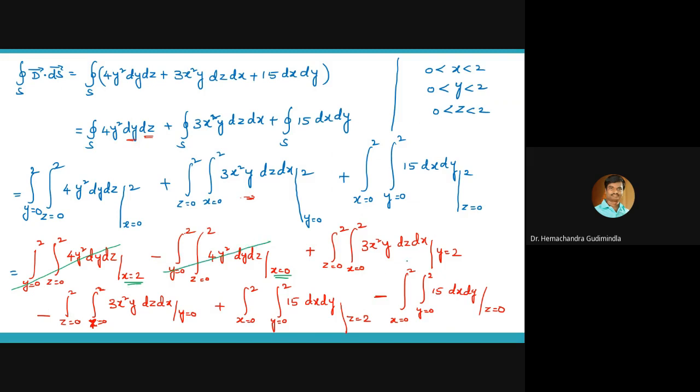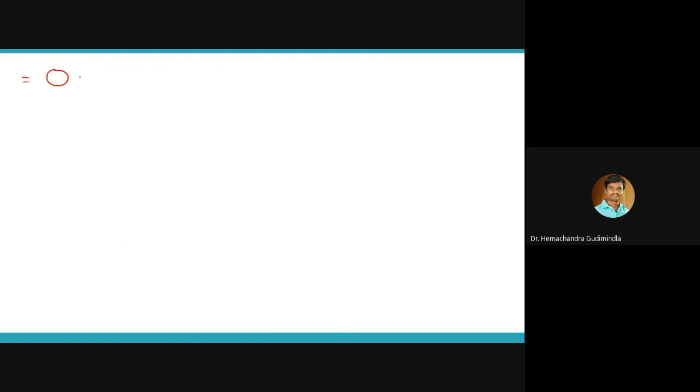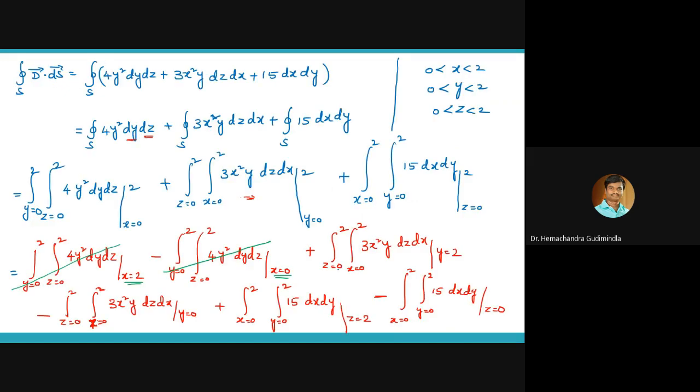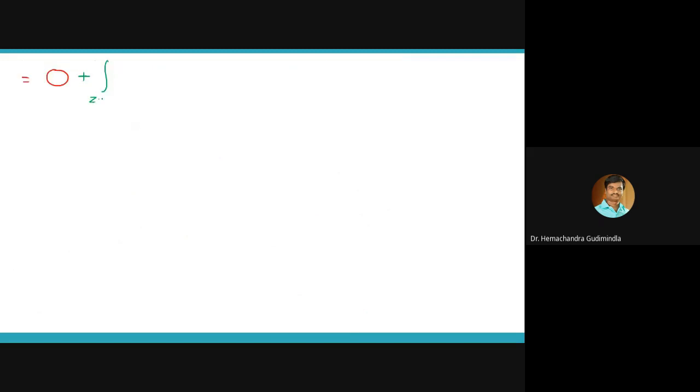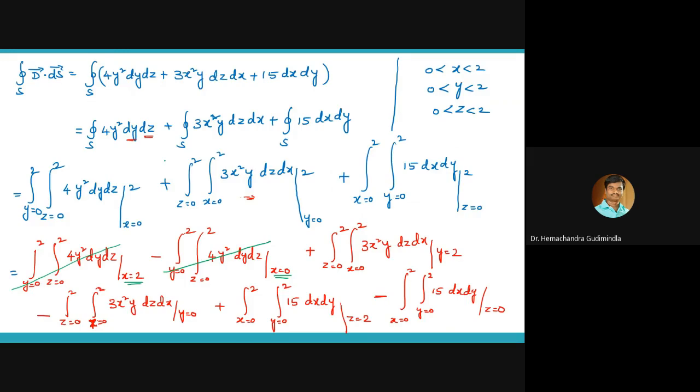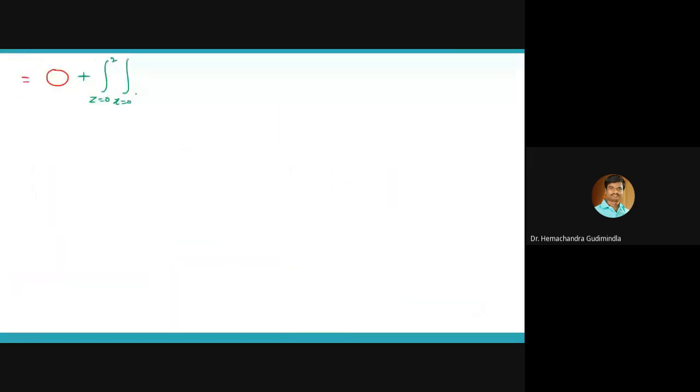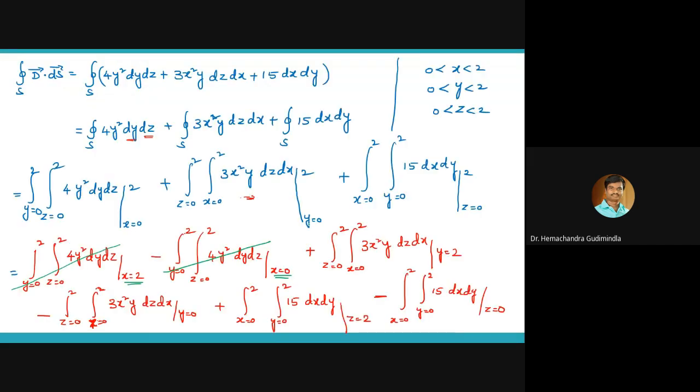Come to here. A y term is there, y equal to 2 and y equal to 0. So if y is there, I need to substitute it. So here, plus integral z equal to 0 to 2, integral x equal to 0 to 2, 3x square into y. Now what is the y value?